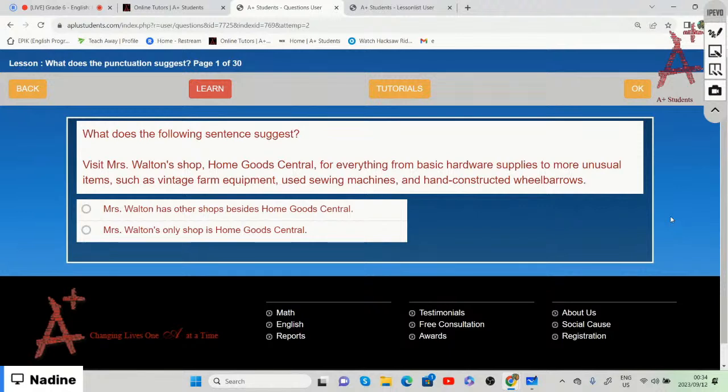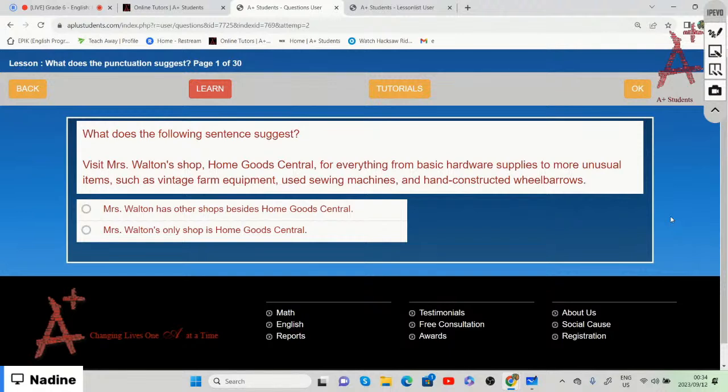If we look specifically at the commas in there, it says visit Mrs. Walton's shop, Home Goods Central, which means that she has other shops besides Home Goods Central. Otherwise, she would have just said visit Mrs. Walton's shop for everything basic hardware.